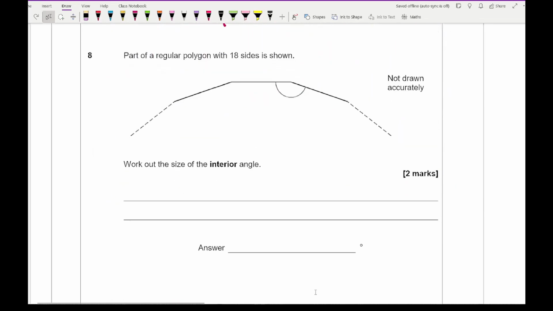So for question 8, it says part of a regular polygon has 18 sides as shown, and the question is asking us to work out the size of an interior angle. So again, one method is to use the total sum of angles, then divide by 18. But if I do the exterior angle, which is 360 divided by 18, that gives me 20.